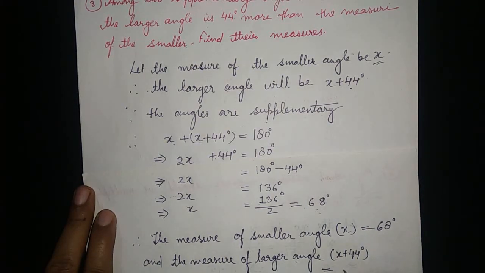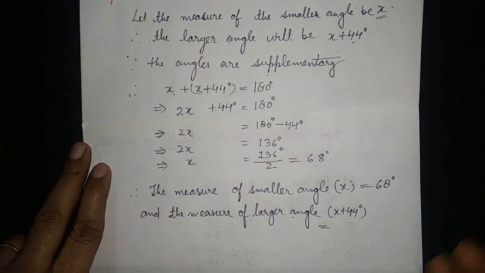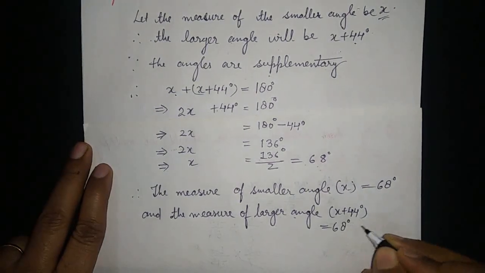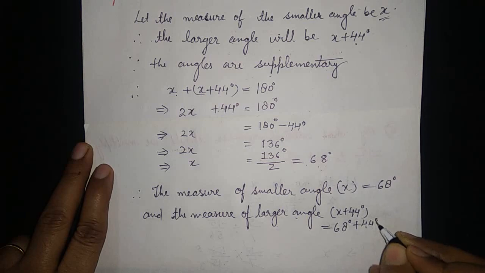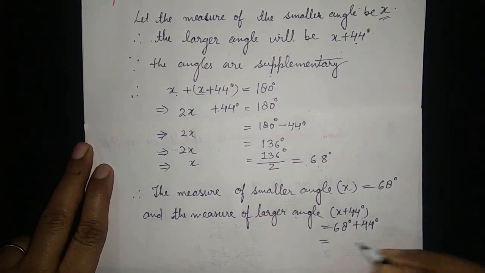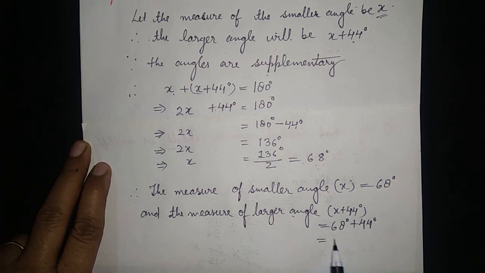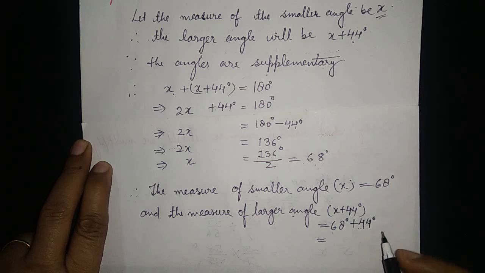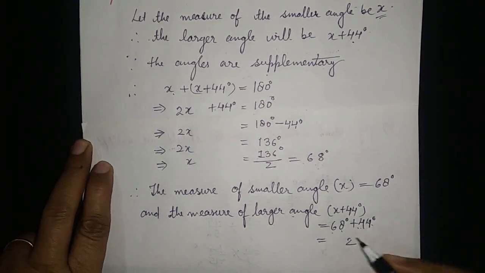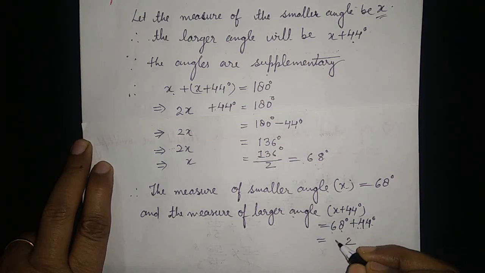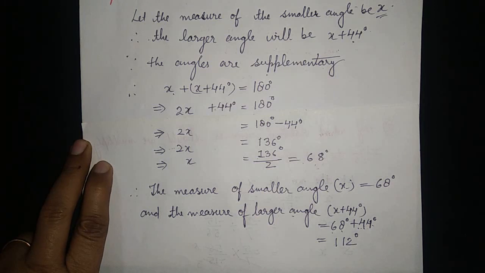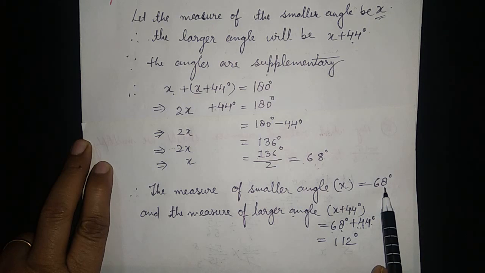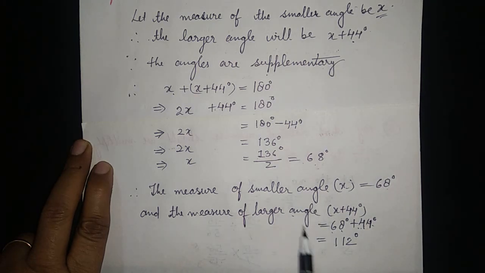Okay. Then we will get 68 degree plus 44 degree. We will add, and after adding 68 degree and 44 degree, here 8 and 4 12, and carry 1, and here 6 plus 4 plus 1 is 11, so 112 degree. Okay. So the measure of the smaller angle is 68 degree and the measure of the larger angle is 112 degree.